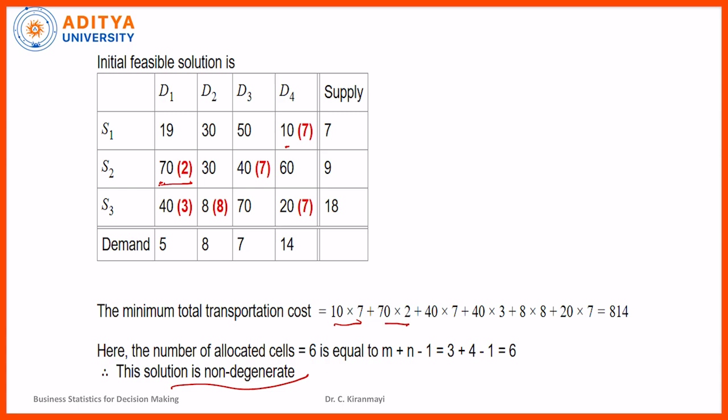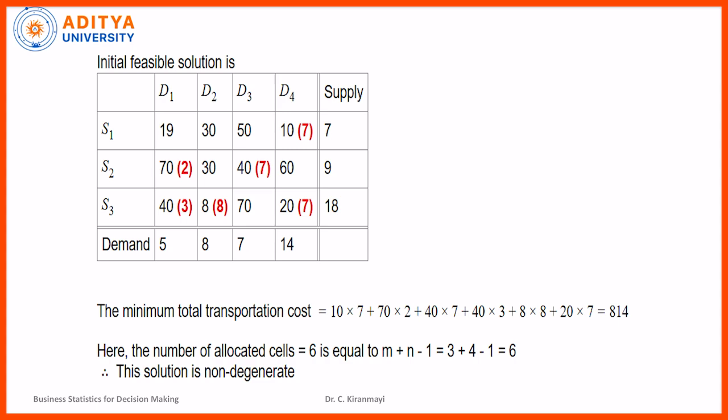Likewise, we have to calculate for all the allocations, then the minimum transportation cost is going to be 814 rupees. So, this is how we can find the initial basic feasible solution for the given transportation problem using the least cost method.